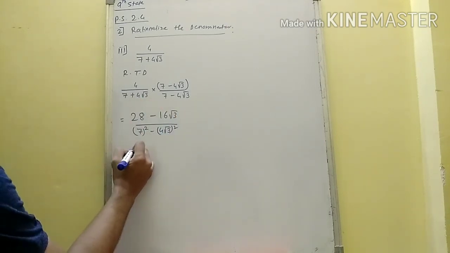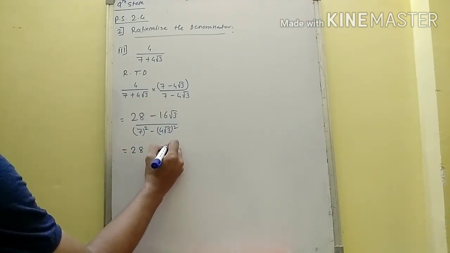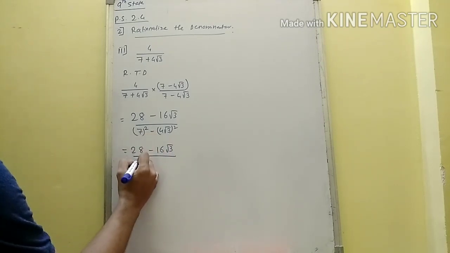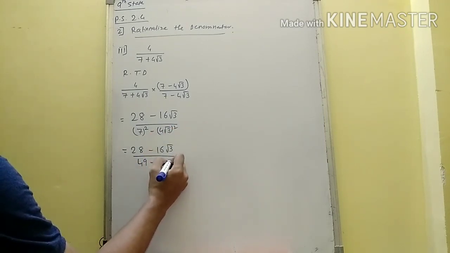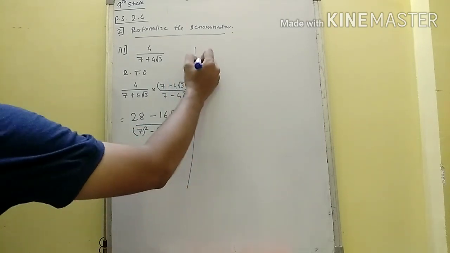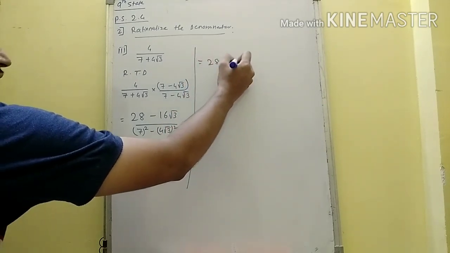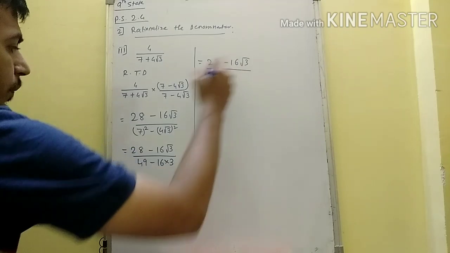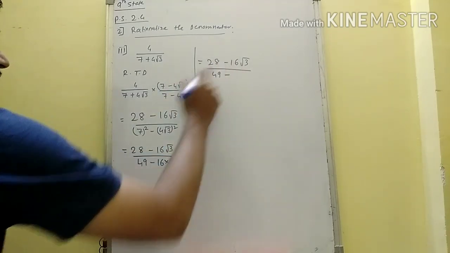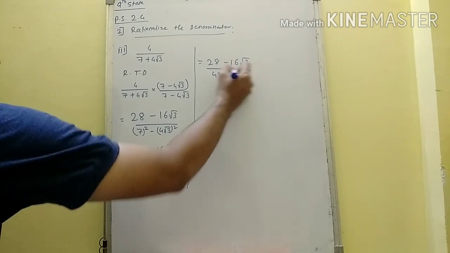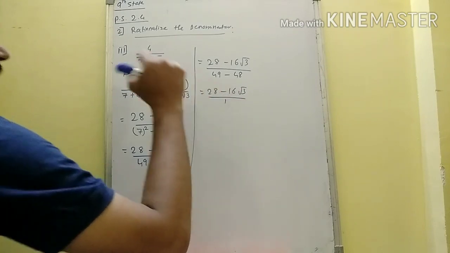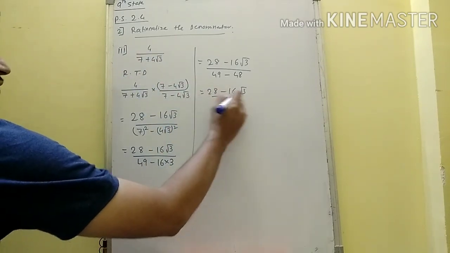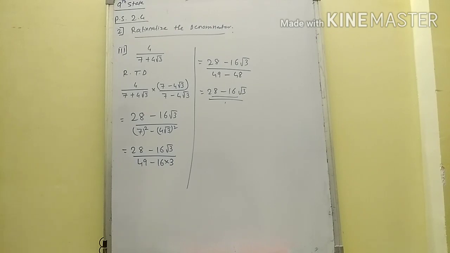So 28 minus 16 root 3 upon 7 square is 49, 4 square is 16, and root 3 square is 3. So we will have 28 minus 16 root 3 upon 49 minus 16 multiplied by 3 is 48. So 28 minus 16 root 3 upon 1. If you write 1 or you don't write, it doesn't make any difference. This is the final answer. Okay, so this was the third one. Now we'll move to the fourth one.